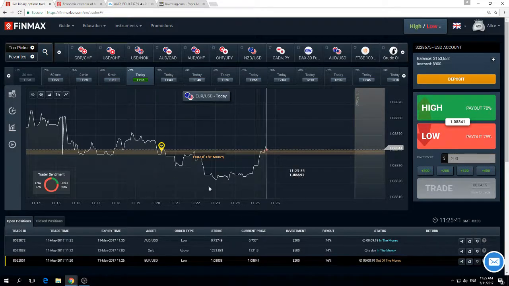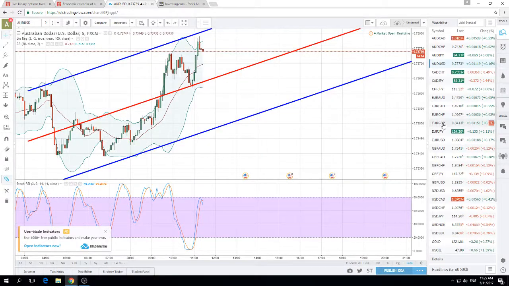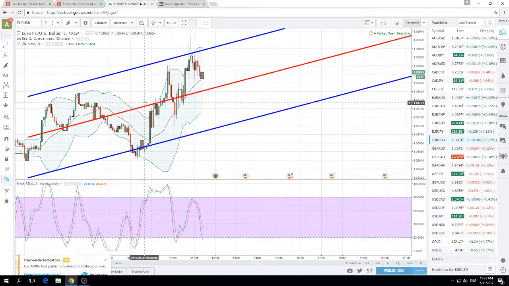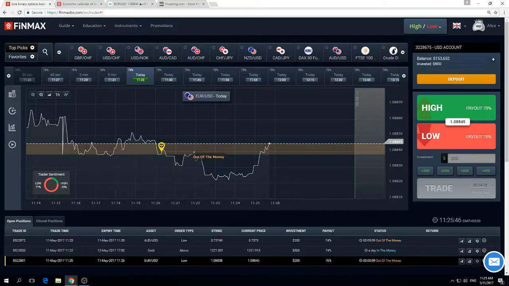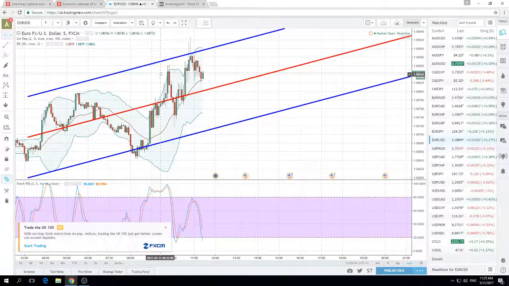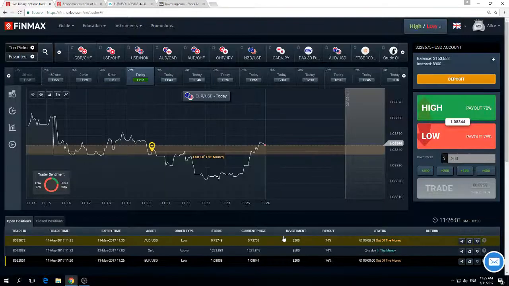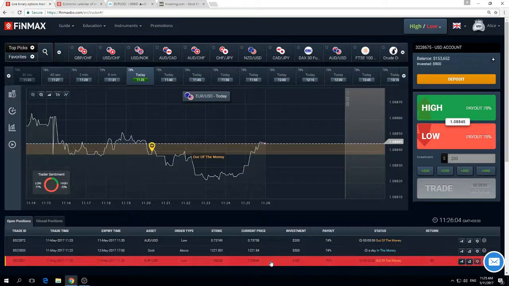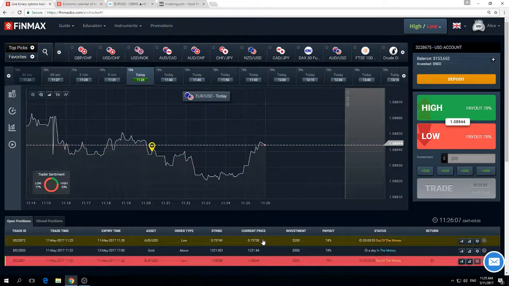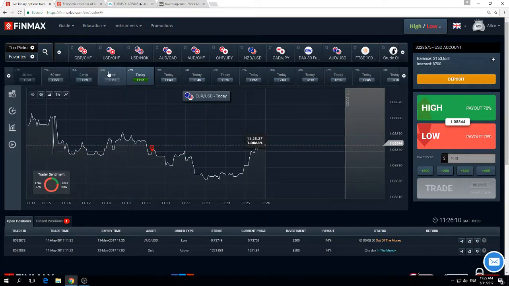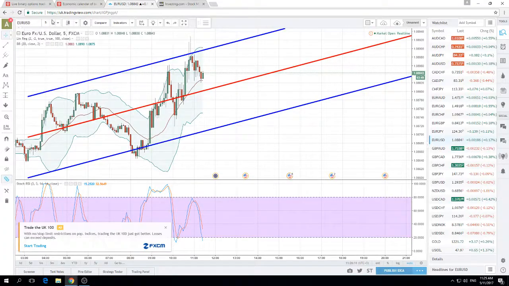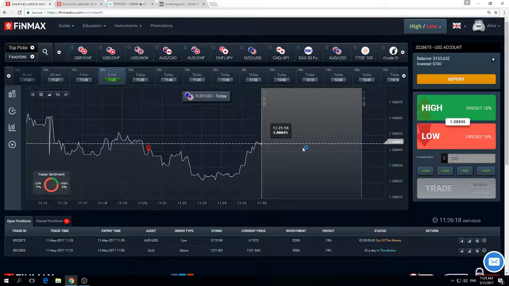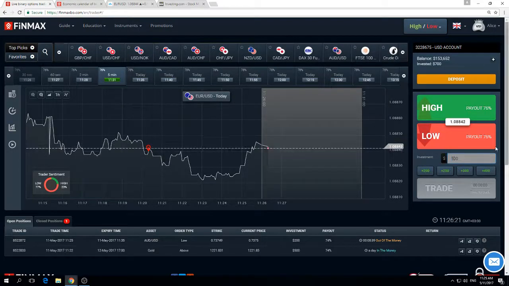So we see our trade here on euro to American dollar was in the money all the time, but at the last second changed the direction. I will enter for 5 more minutes for low as well.